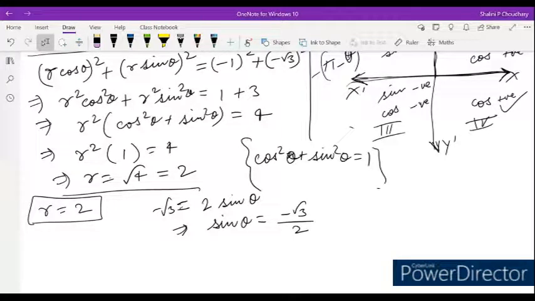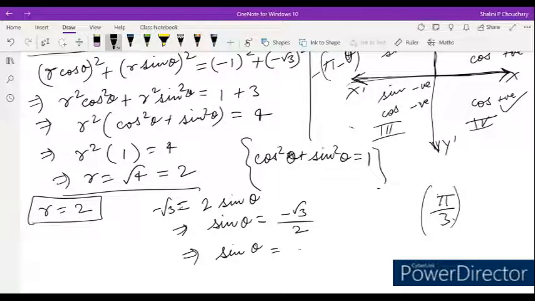That will be root 3 upon 2, generally pi upon 3 होता है, 60 degree. Okay, so pi upon 3. So here what we'll do for this one, sin theta will be equal to minus root 3 upon 2, so in the third quadrant it will be pi plus pi upon 3.